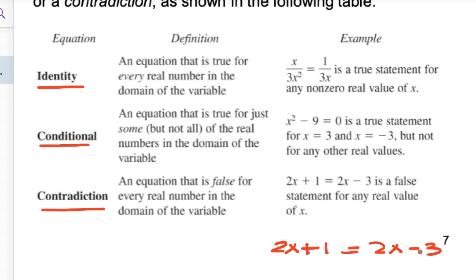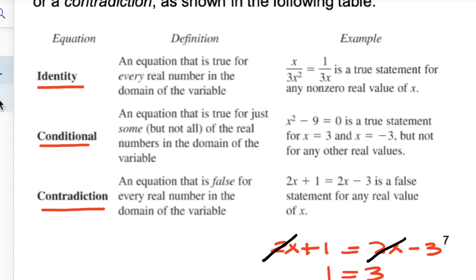Clearly 2x is the same on both sides of this equal sign, so this whole thing cancels out. What are we left with? We are left with 1 equals 3. Now clearly this is not possible, and hence this equation is a contradiction type of equation.